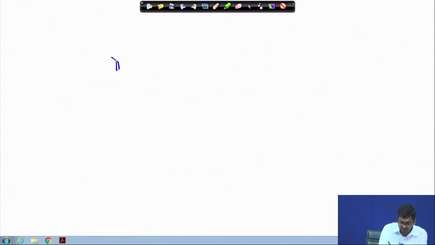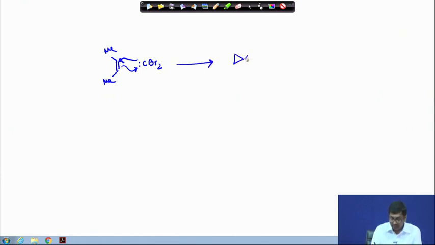Let us see how it works. Okay. Let us say you have this and CBr2. Now, this can work in this concerted manner to give the corresponding cyclopropane. Okay.